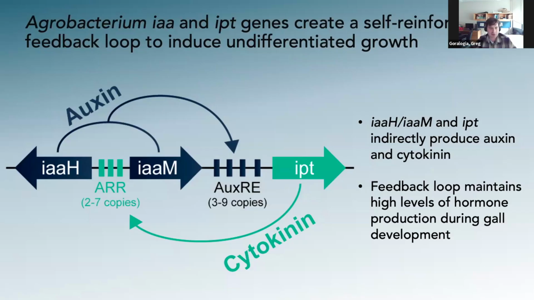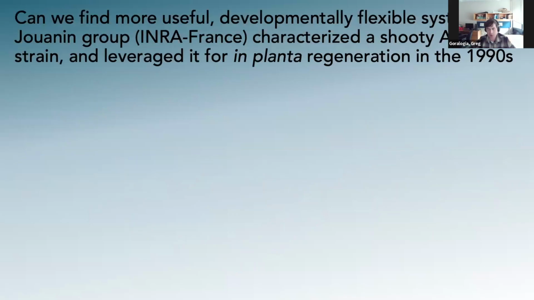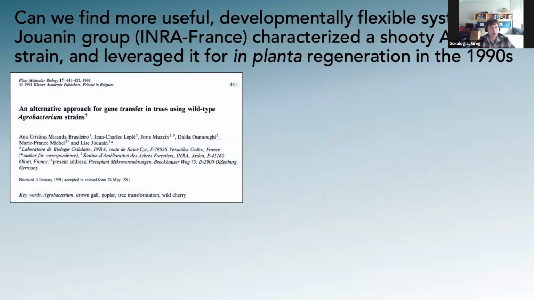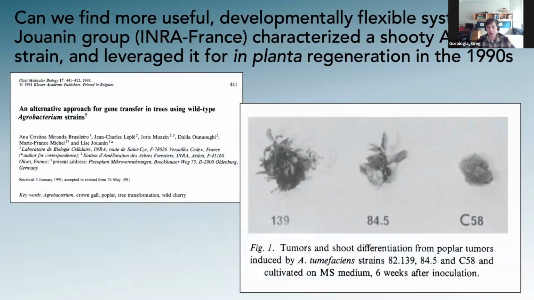And one reason I was attracted by these is that it forms this natural feedback loop. There's two auxin-producing genes and one cytokinin gene, and they self-regulate to form undifferentiated cell growth. So we looked back in the literature, and actually in the 90s, several groups in France had found wild Agrobacterium strains that produce shooty gall tissue.